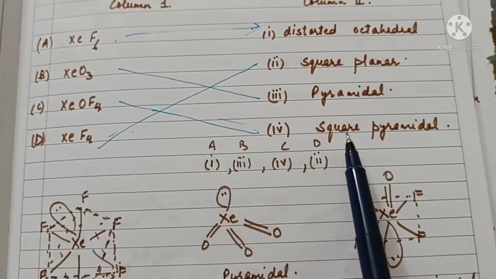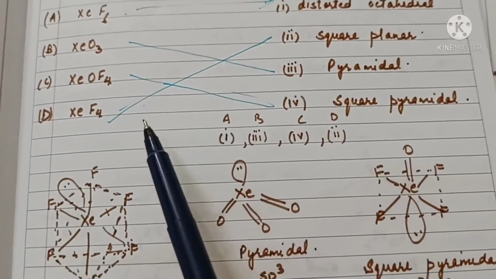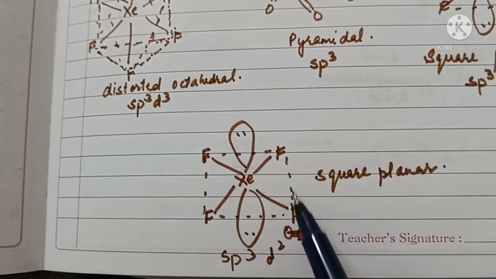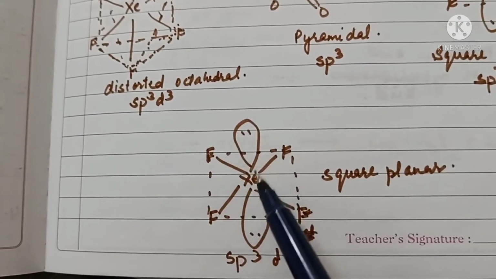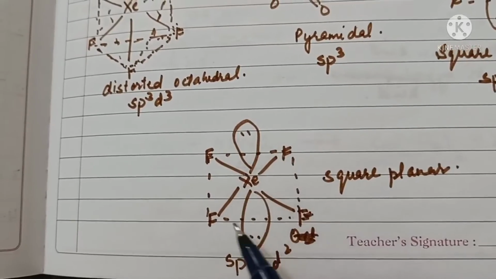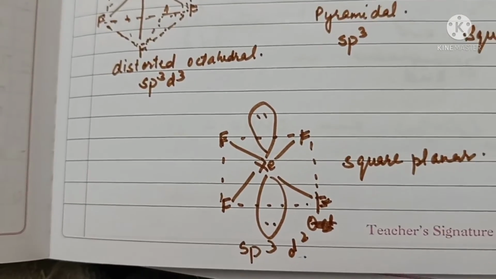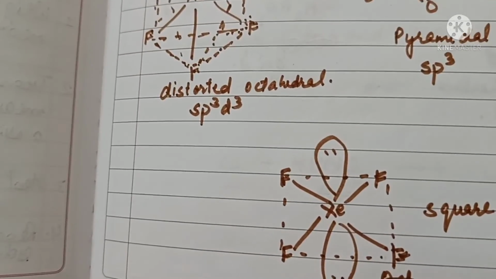So XeOF4 is square pyramidal. XeF4 is square planar because two of the octahedral positions are occupied by lone pairs of electrons. The hybridization is sp3d2.